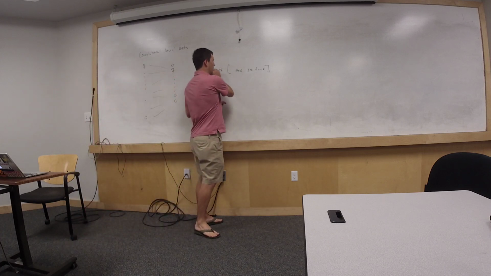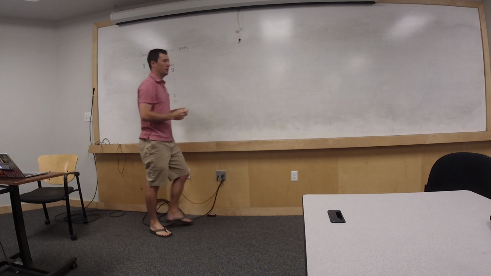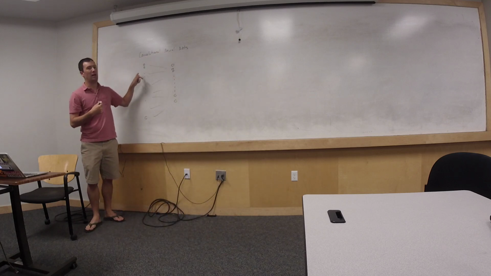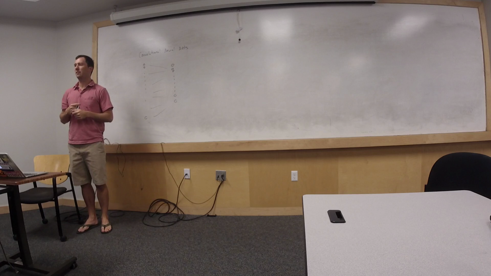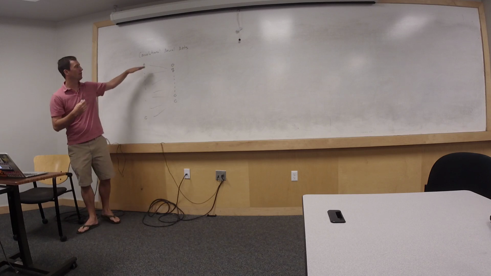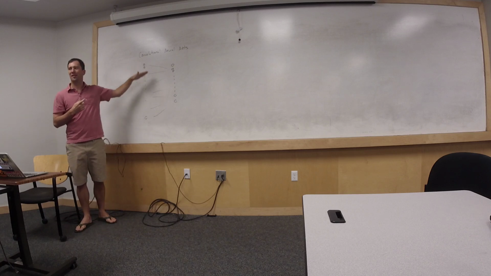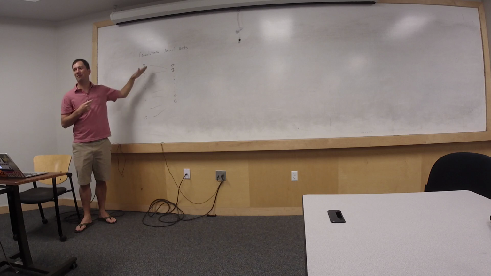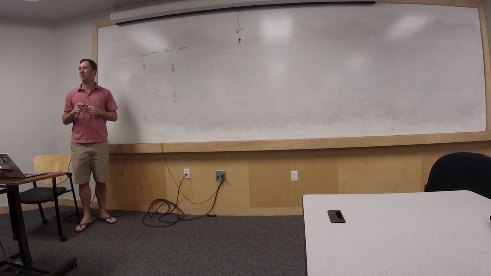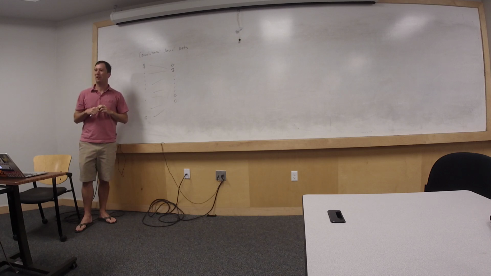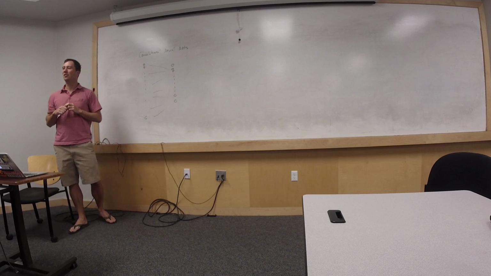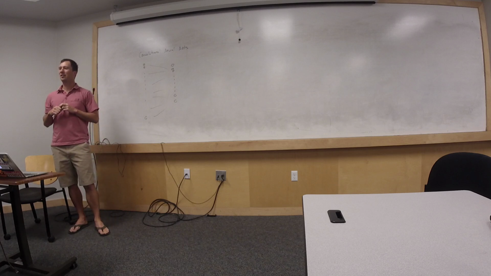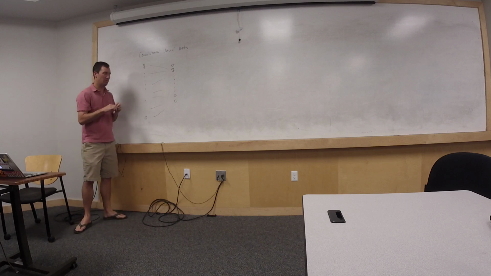So let's imagine my input is an image. How many entries am I going to have in my input layer? How many different inputs am I going to have if I'm taking an image? One per pixel, at least.